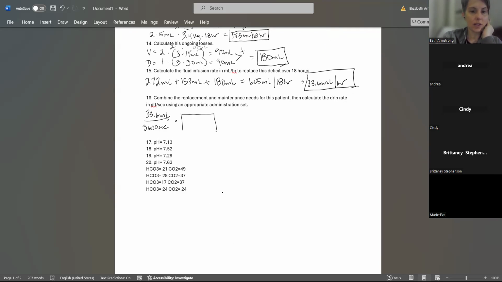And then what is the administration or drip set that we're going to use? 7.5. A macro. Okay, remember, anything less than 7 kgs gets a micro. Oh, no, 7.5, a micro. I'm sorry. Yep, you're good. Yes. So 60 drops per mL.